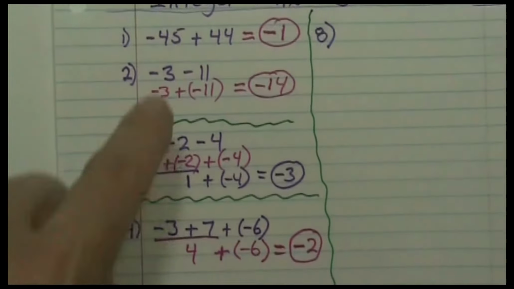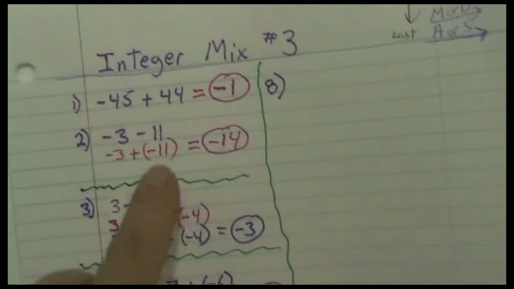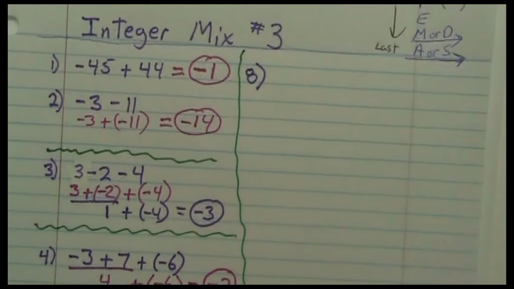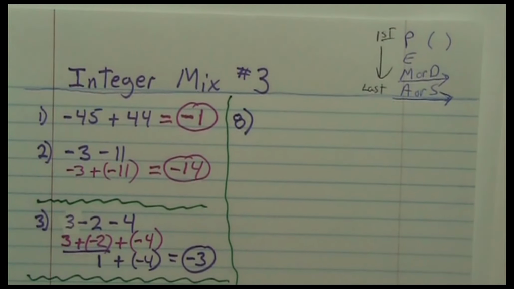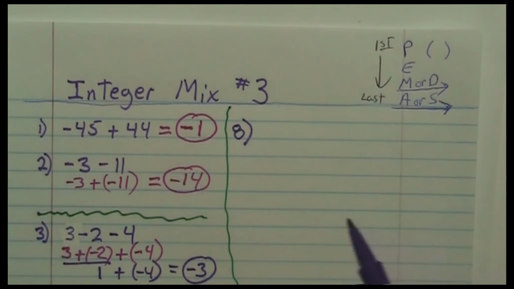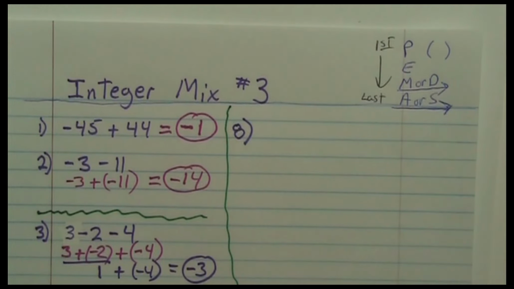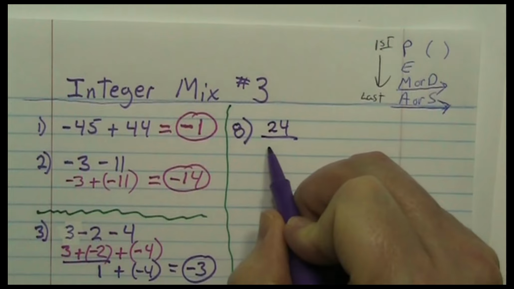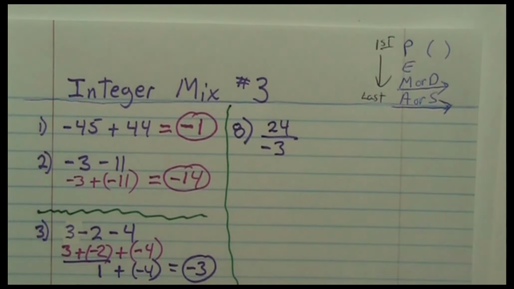Okay, just remember that all these problems here, we were thinking hot versus cold because it was adding and subtracting. Number 8 is a little bit different. 24 divided by -3.